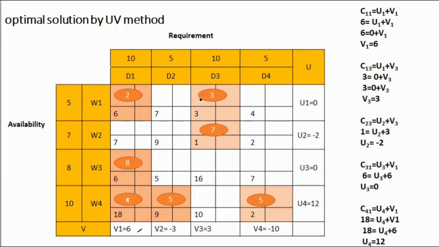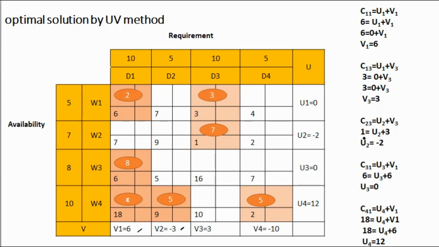C13, that means W1 D3, where i is equal to 1, j is equal to 3, that is C13 is equal to u1 plus v3. Now we know that u1 is equal to 0, therefore v3 is equal to 3. So we find out v3. Similarly, for the second row and the third column, C23 is equal to u2 plus v3.